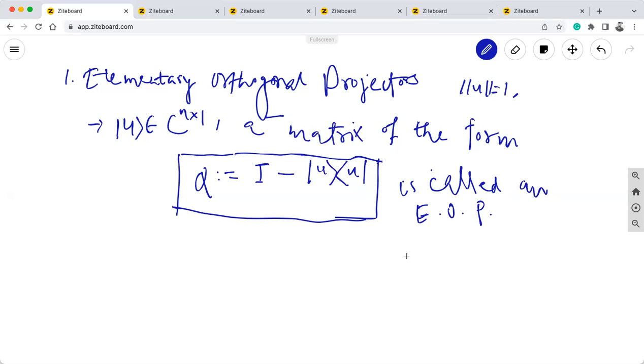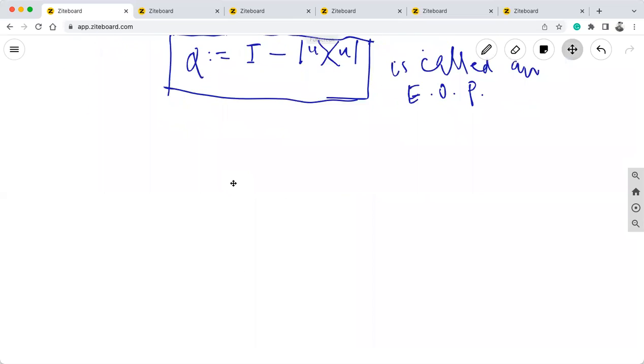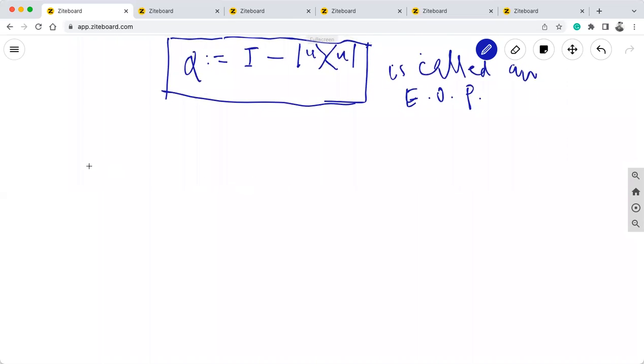Okay, so let us also see that if this is not a quantum state vector, it is some arbitrary vector, and suppose the norm of u is not equal to 1.